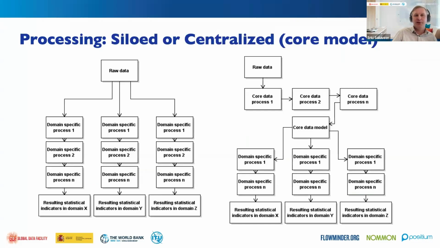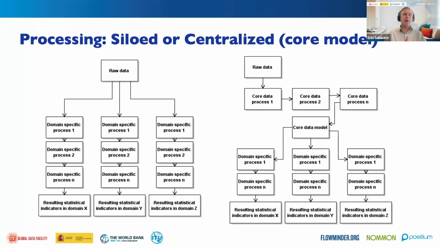Why I'm talking about that is because you have another option. There are basically two models in that sense, centralized and decentralized. The core model on the right side is the centralized model, and the decentralized model is on the left. There are mobile phone data projects which follow both of these models.